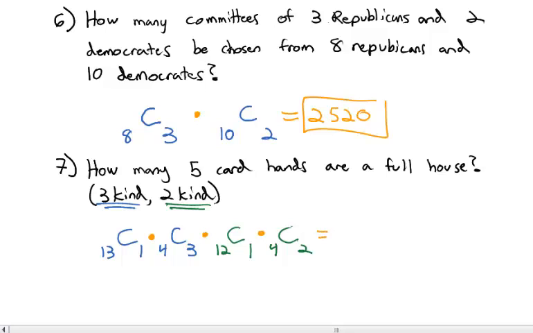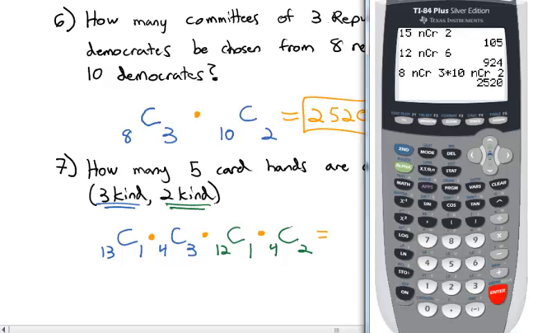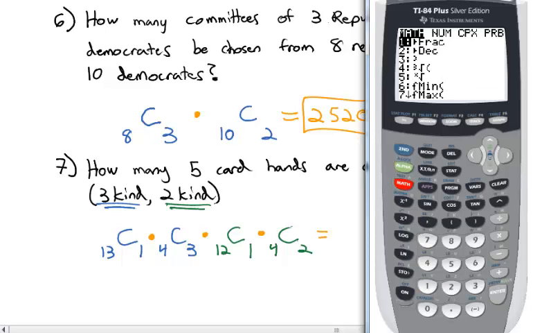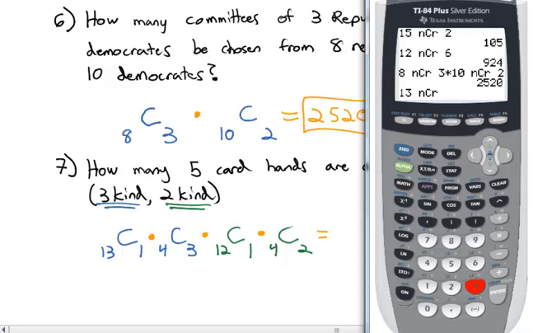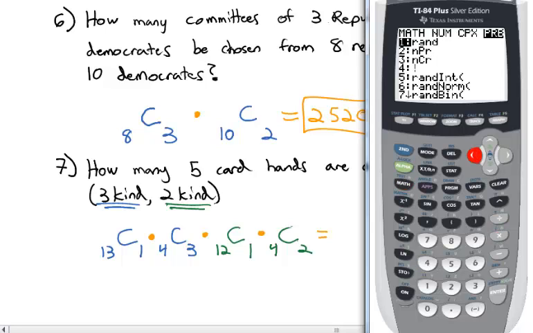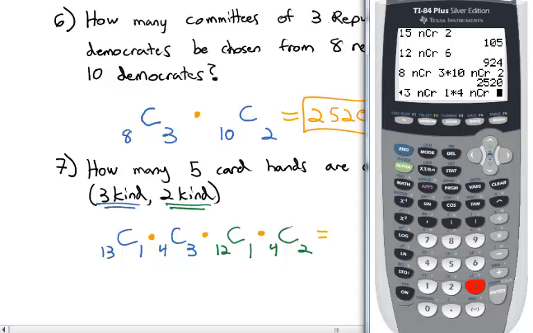Multiplication axiom says if we multiply it all together, we will find the total number of full houses possible in a poker game. There are 13, math, probability. We're going to choose 1 times 4, math, over to probability. Number 3, we're going to choose 3 times the green ones, the 2 of a kind, 12. Missed the 1. 12, there we go.